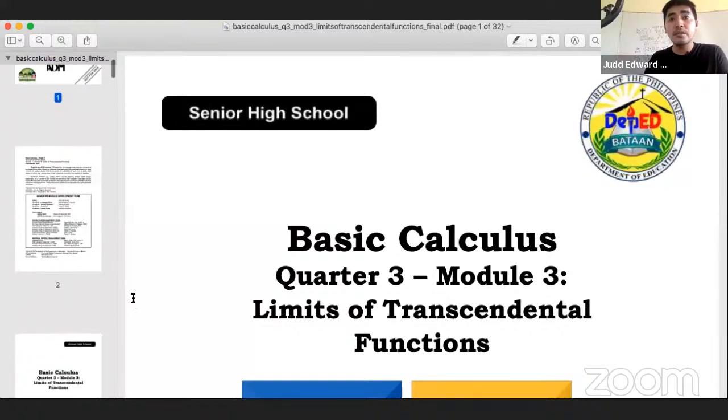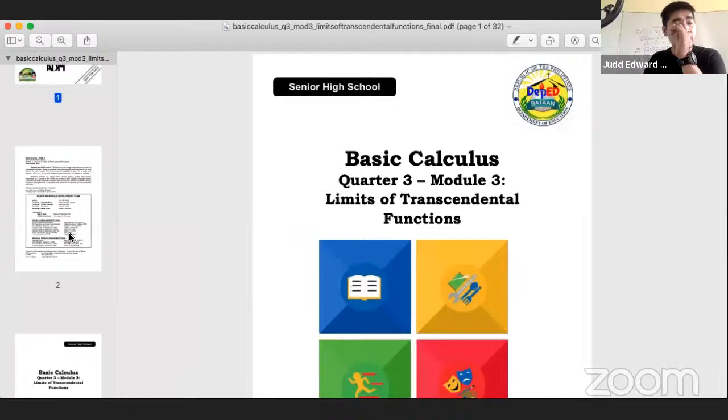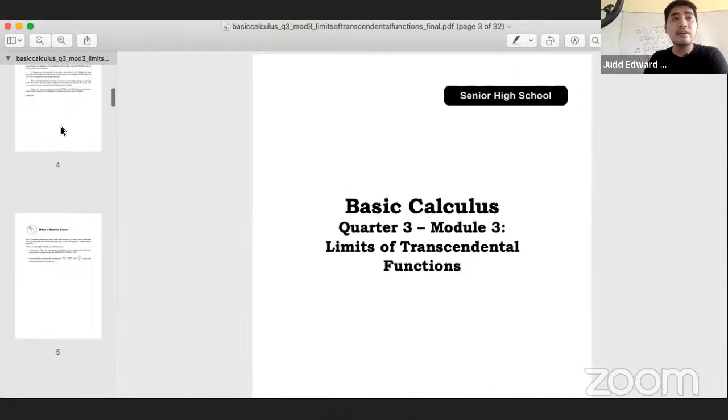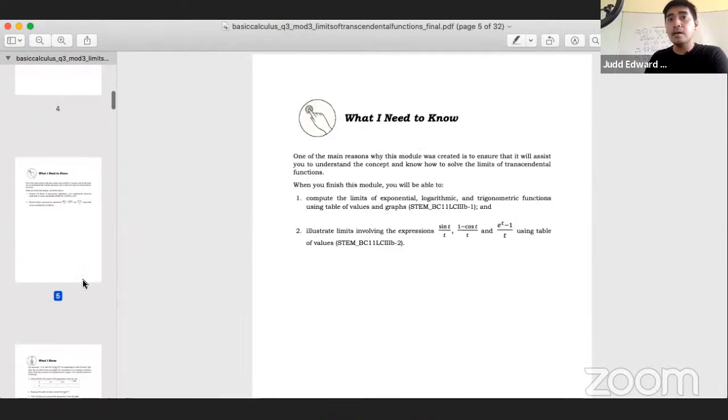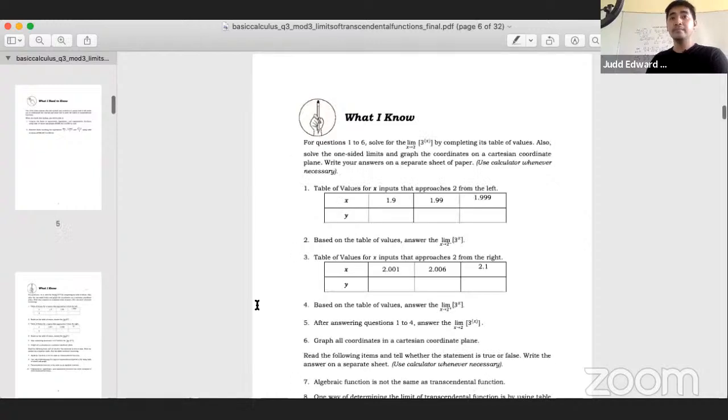Okay. So, limits of transcendental functions. Wherein, pag sinabi nating transcendental functions po, andyan yung sine, andyan yung cosine, andyan yung natural logarithm, andyan yung ln. So, ang gagawin nyo lang po dito sa limit na to is a number raised to a constant, a number raised to a variable.